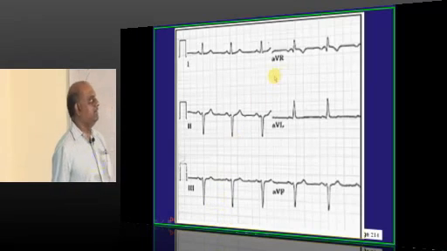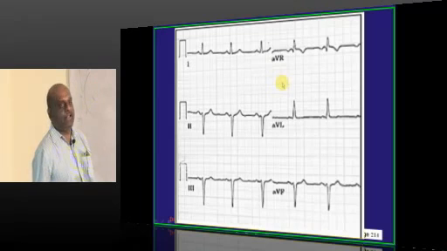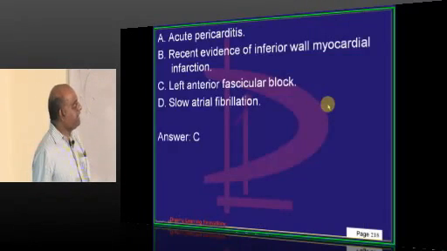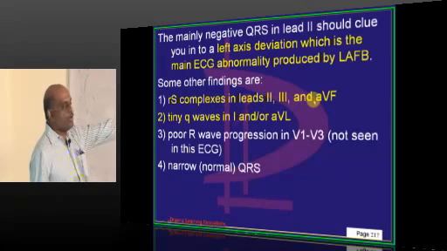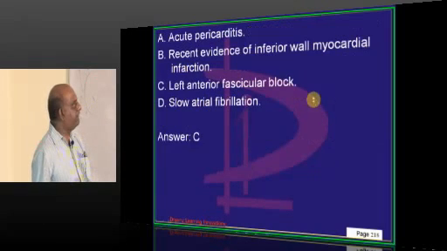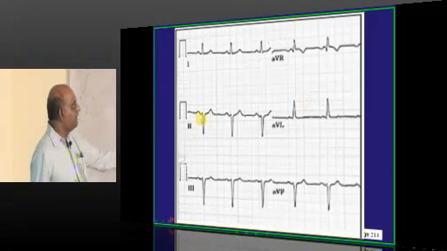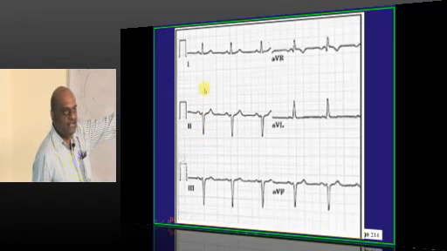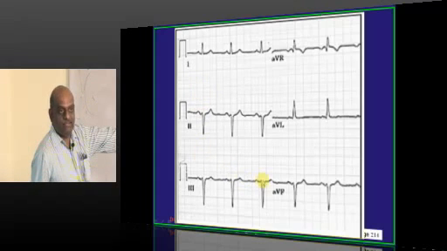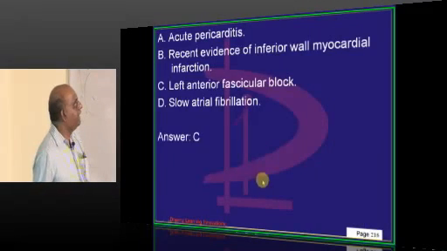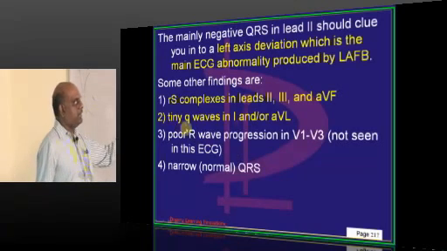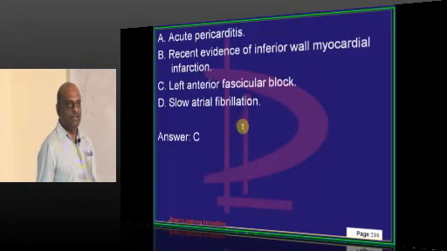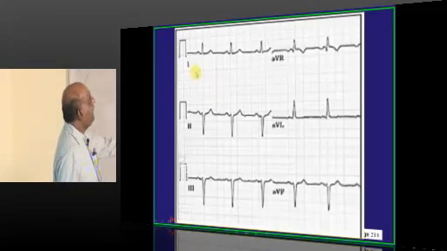Then what else are you finding? What are the other features of left anterior fascicular block? We discussed RS complexes in leads 2, 3, aVF: small r with a deep S in 2, 3, aVF. Then tiny Q waves in lead 1 and aVL.